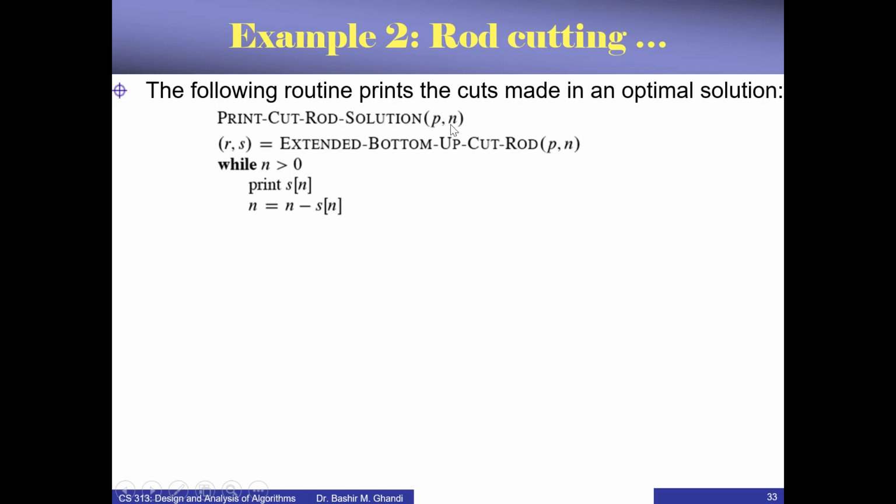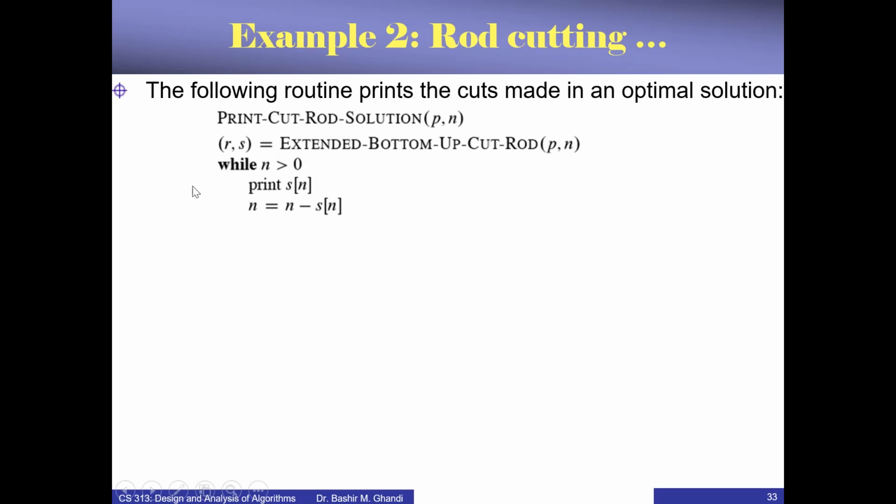The print cut rod solution will call the extended bottom-up cut rod routine, sending it the same P and n, the P being the table of prices and n being the size, and it returns the two arrays, R and S. Once we have these two arrays, we can now use the i's that we have been saving in the array S to print the actual cuts that are followed to obtain the optimal revenue.